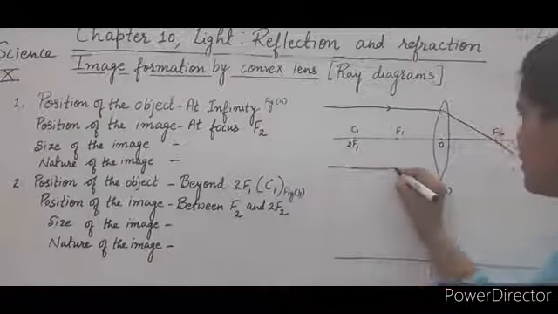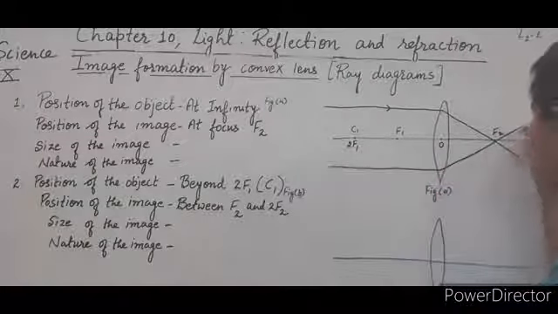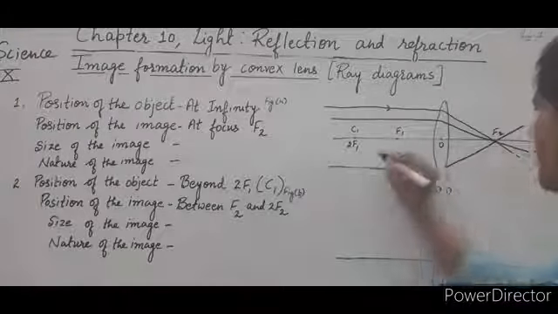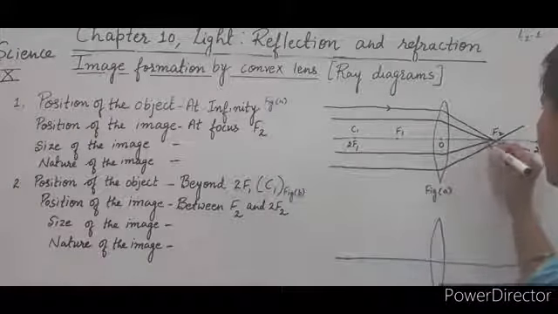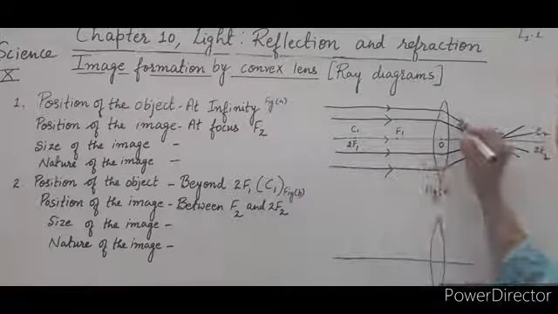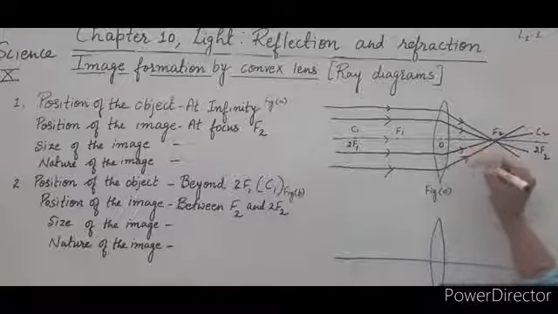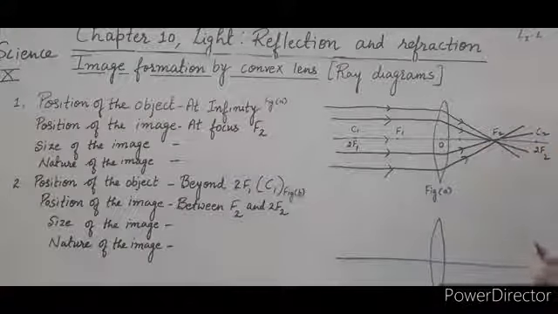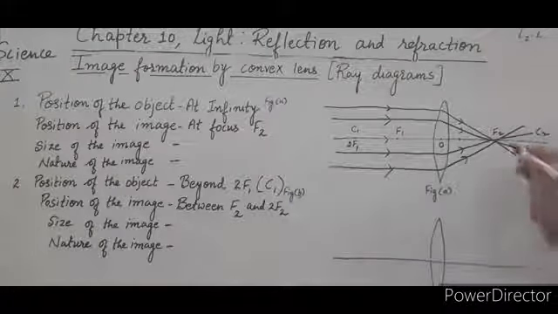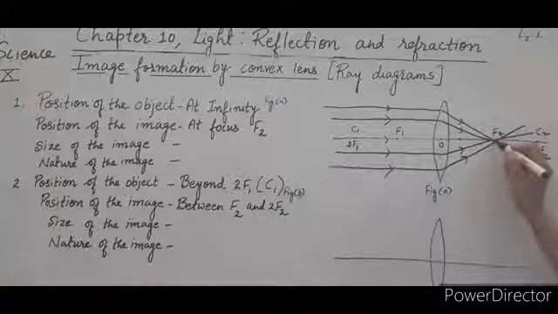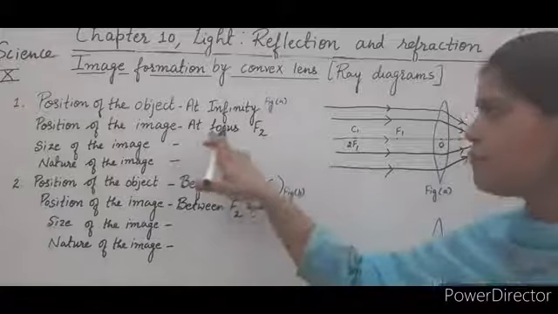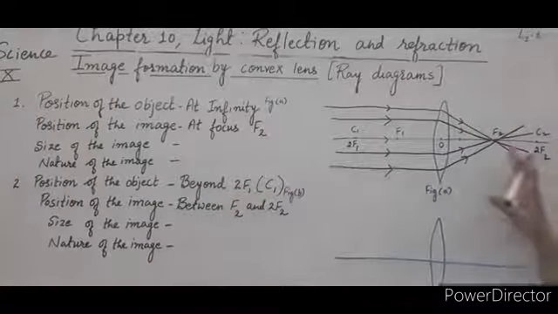Similarly, all the parallel rays will meet at this point, which is called the principal focus. These rays get refracted and meet at this point, located on the other side of the lens. So image formation takes place here. This point is F2. The position of the image is at the principal focus F2.